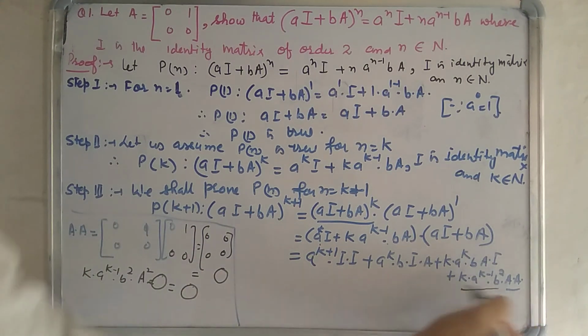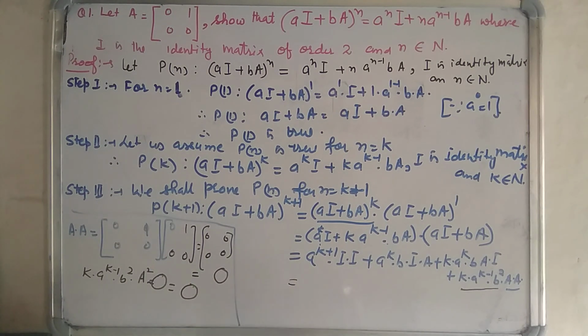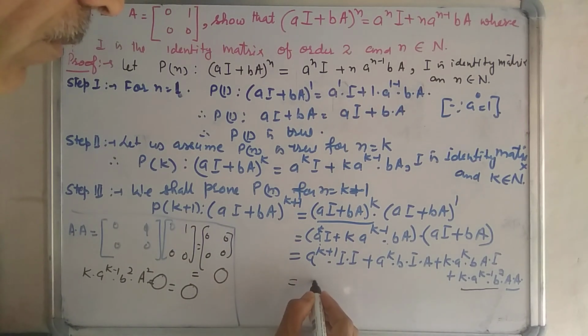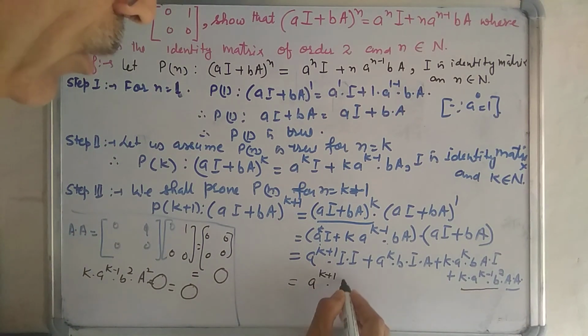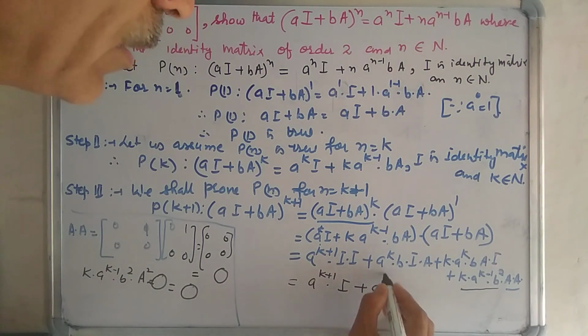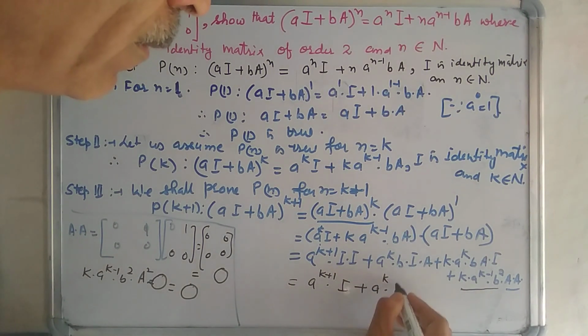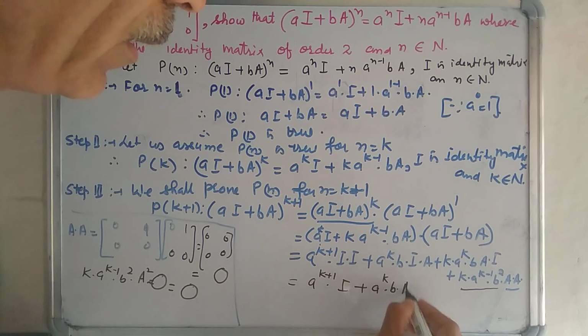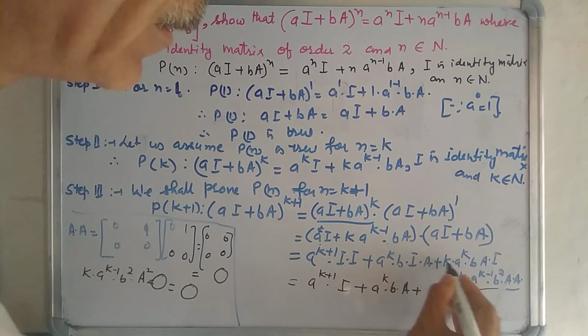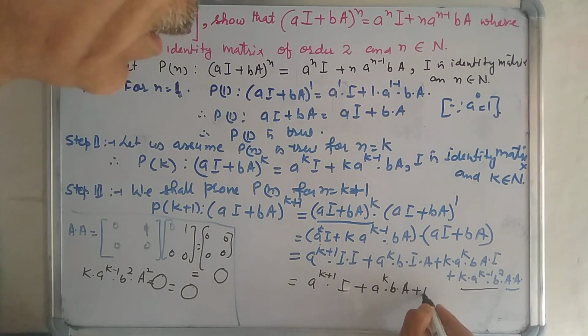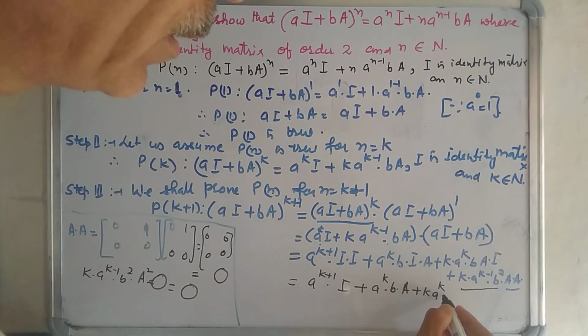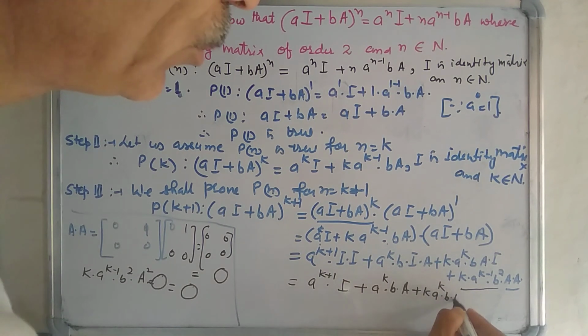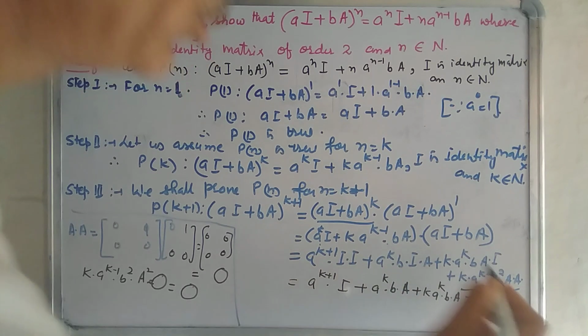So again we get the zero matrix, and this becomes a^(k+1) into I plus a^k into b into A plus k into a^k into b into A plus the zero matrix.